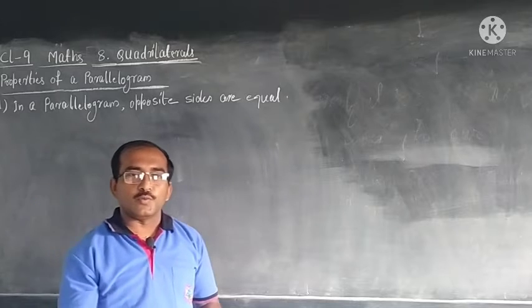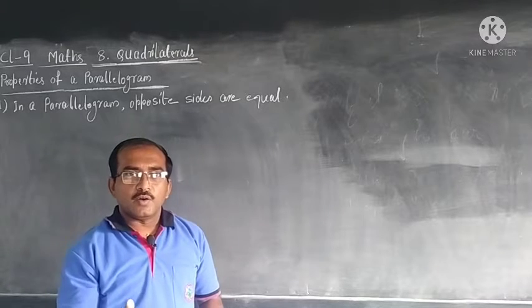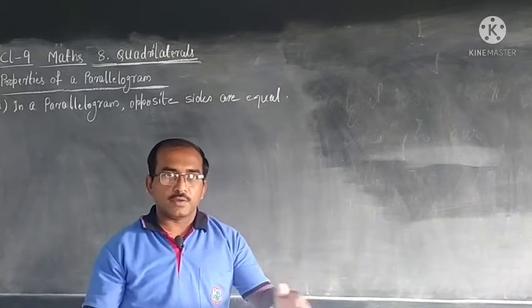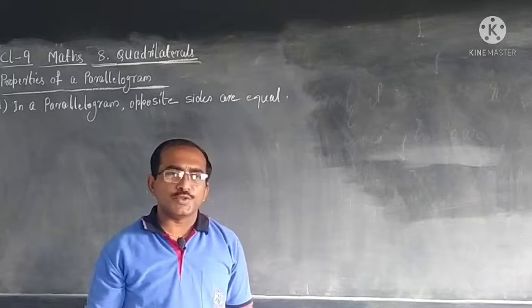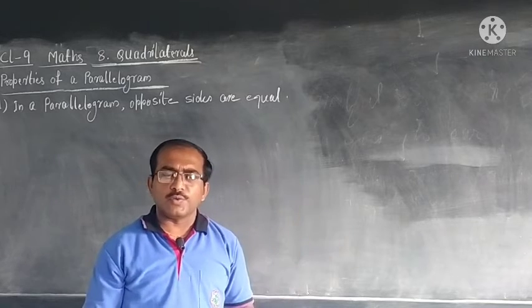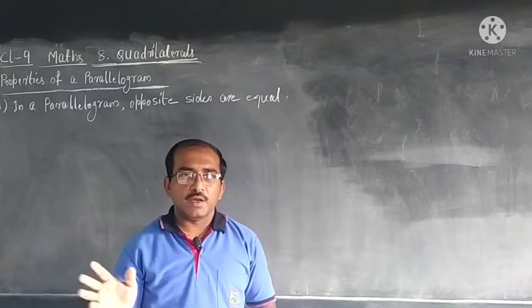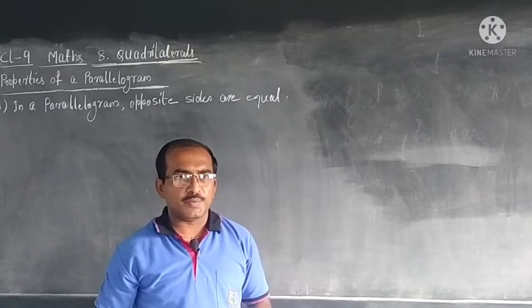We look at our notebook, textbook, so many things around us, even the shape of most of our rooms, and we find that opposite sides are equal. We look at the window and door, and we find that opposite sides are equal. That means all these shapes are parallelogram shaped.